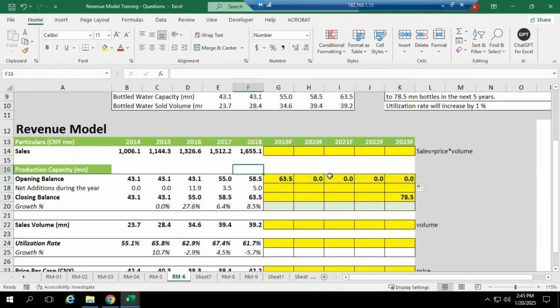Now is equal to 78.5 minus 63.5, 15 divided by 5. So how many years? 1, 2, 3, 4, 5 years. So now 3.0.